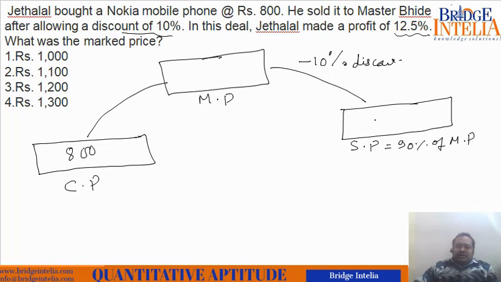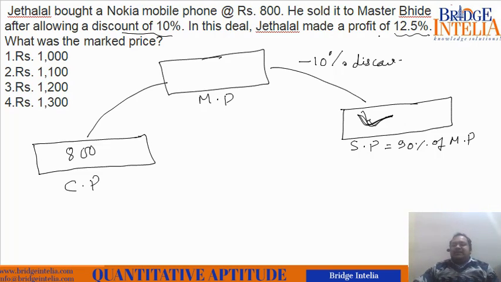This is the amount that he received from the customer finally, because the customer did not pay the marked price. He told the customer, you need not pay me the entire marked price, simply pay me 90% of it. So 90% of marked price is what Jethalal got.